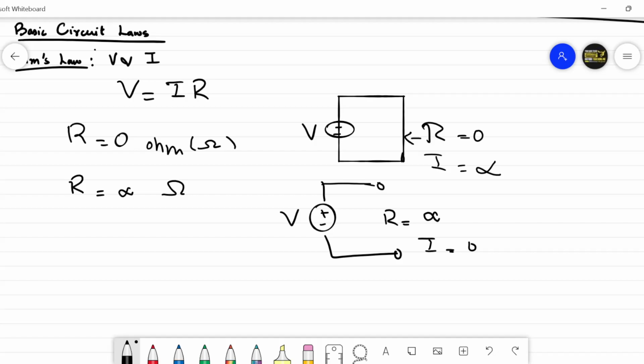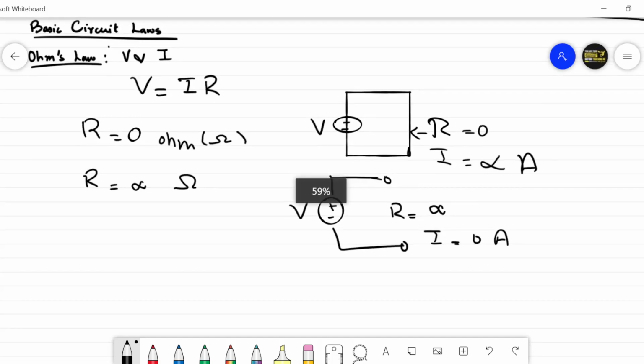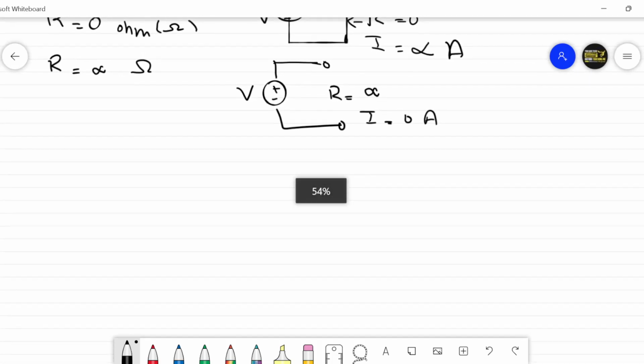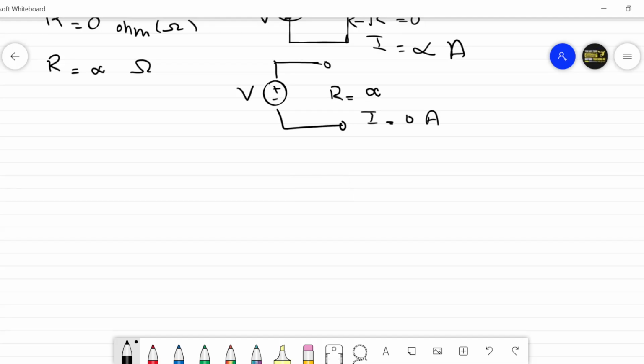So current will be equal to 0 amperes. So this is about short circuit and open circuit. A short circuit is where resistance is 0 and current is infinity. An open circuit is where resistance is infinity and current is equal to 0.